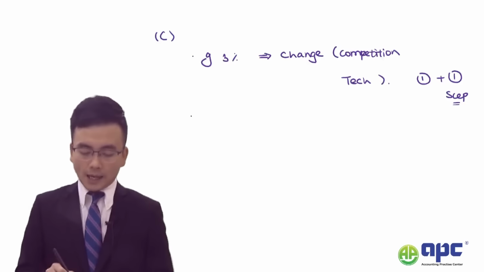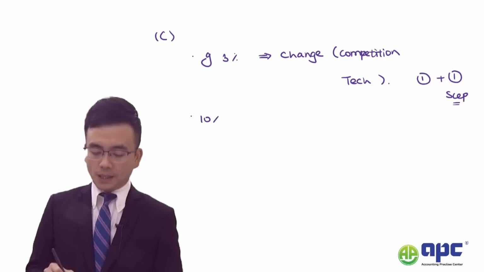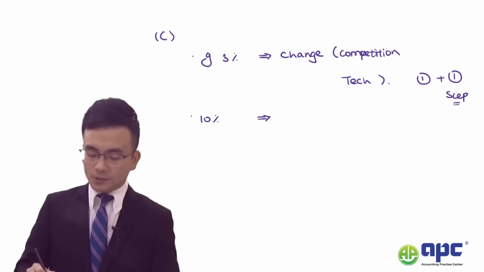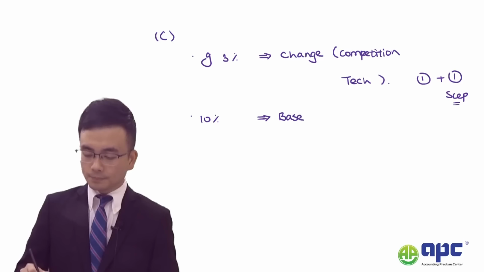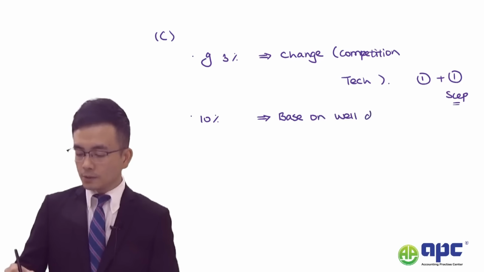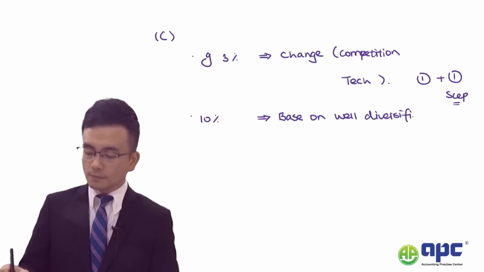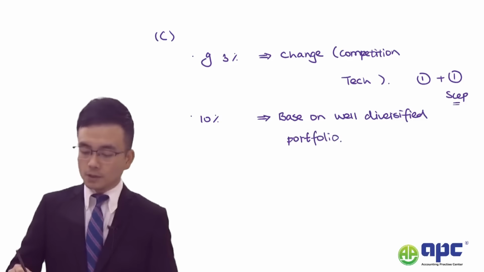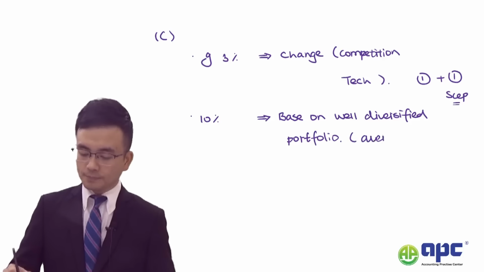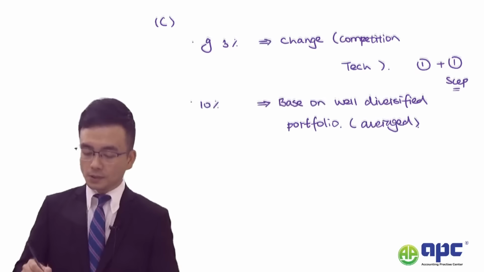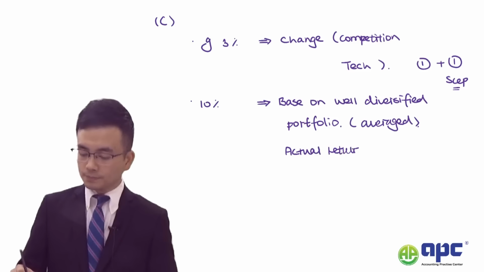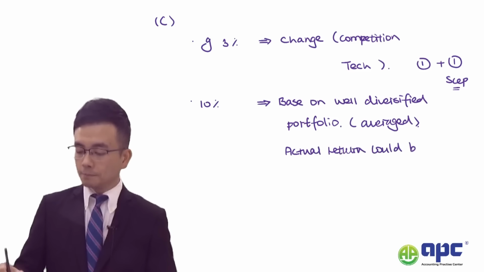So therefore, I can say the discount rate of 10% may, to a certain extent, be understated, because it may be based on a well-diversified portfolio, so it has been averaged, which means the actual required return could be higher.